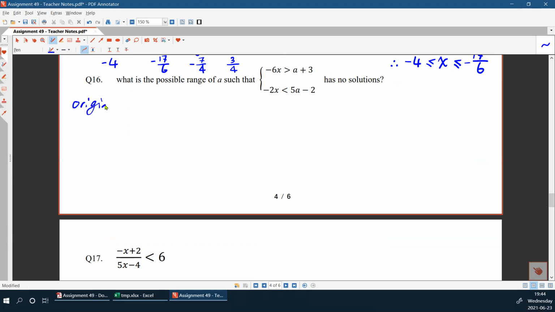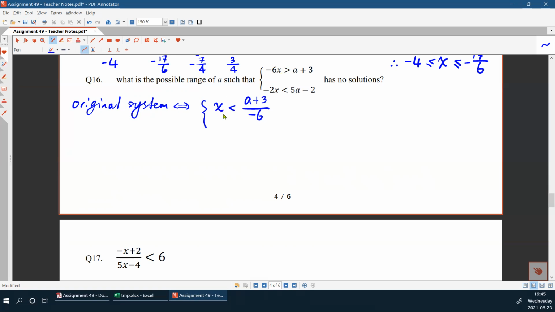So the original system is equivalent to, first let's try to solve this. Okay, first inequality, we can divide both sides by -6, right? -6 is a negative number, so we need to change the direction of the inequality symbol. x is smaller than a plus 3 over -6. Second, we can divide both sides by -2, right?